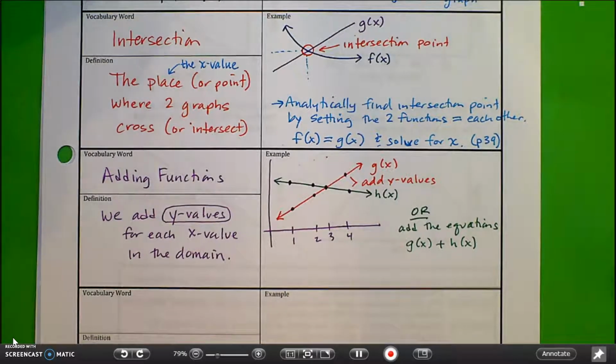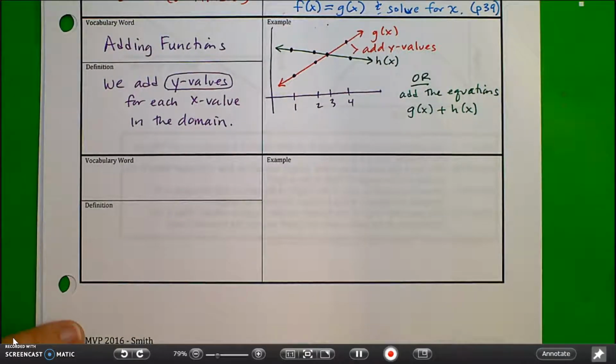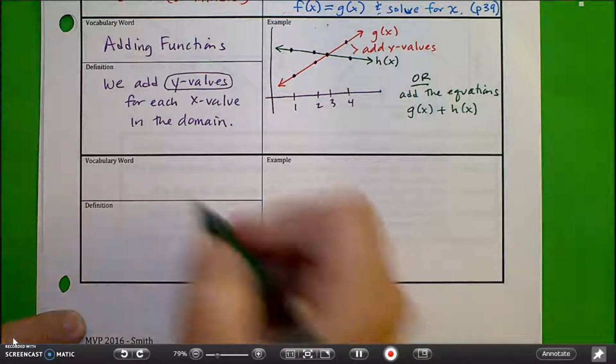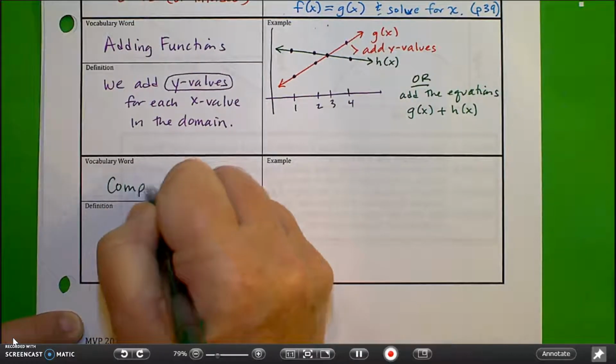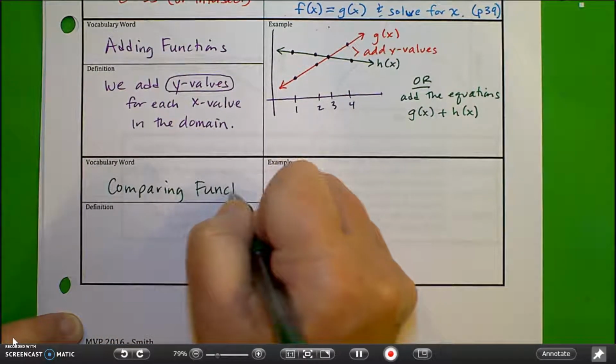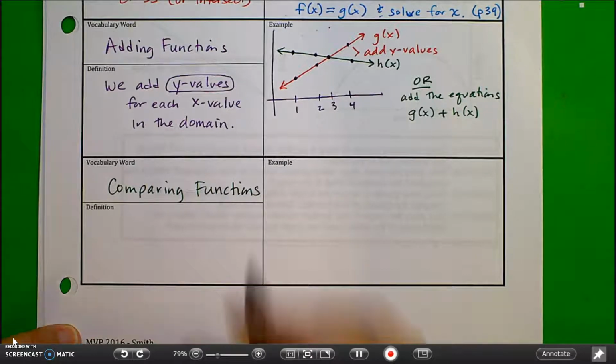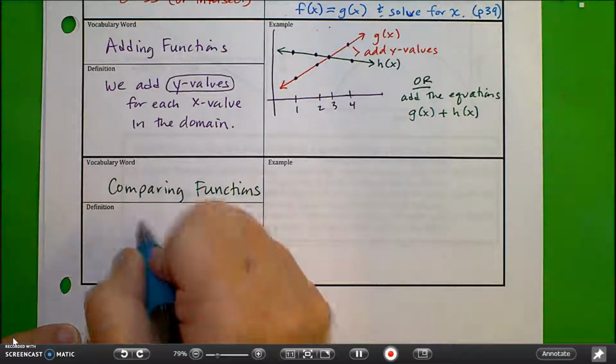The next vocabulary, or the next thing I want to make sure that you understand, is comparing functions. A lot of times you're going to be asked to compare function values. So comparing functions basically just wants you to look at where are the y values, or compare the y values of two functions to decide which one's bigger, which one's smaller, or where they are equal.